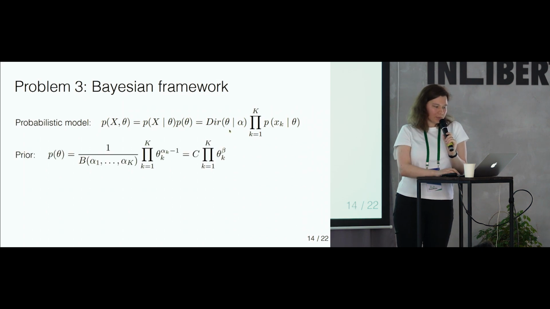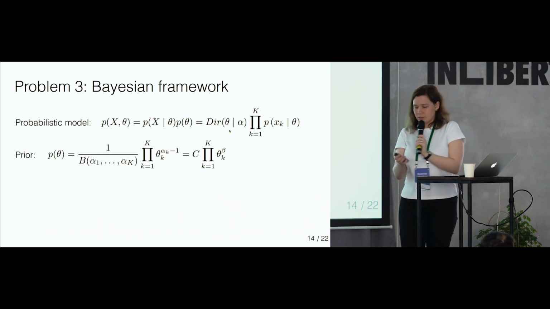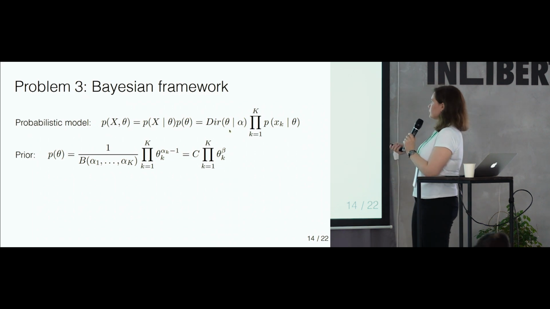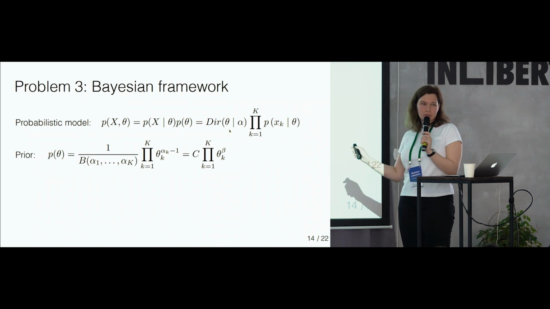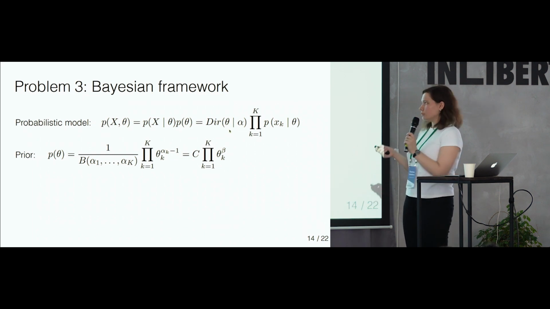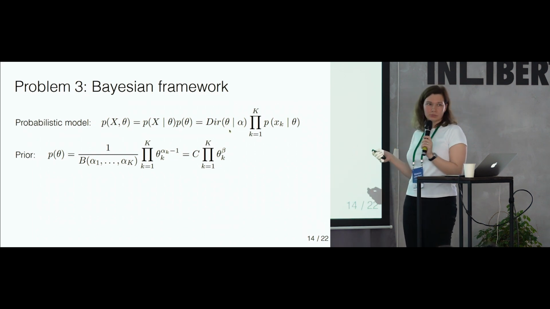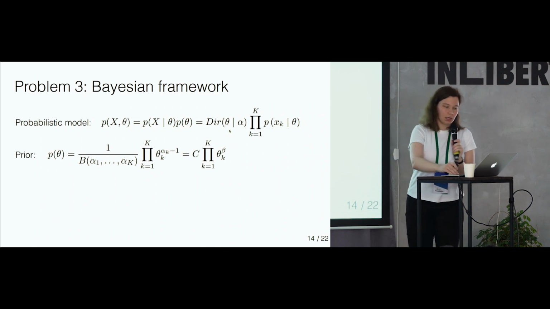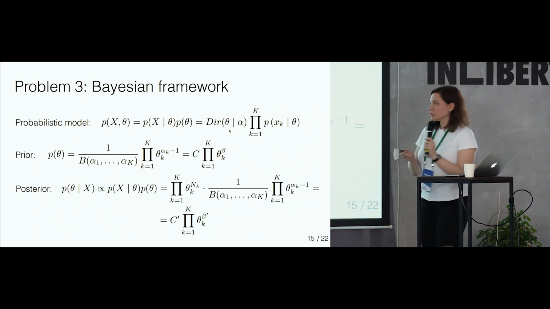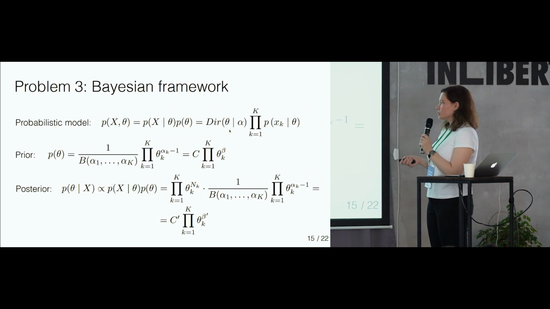So our prior is P of theta. It's a Dirichlet distribution. As a function of theta, it looks like this. C and beta are some constants, we don't care about them. So this is a function of theta, okay? And our posterior distribution is proportional to the product of likelihood and prior.